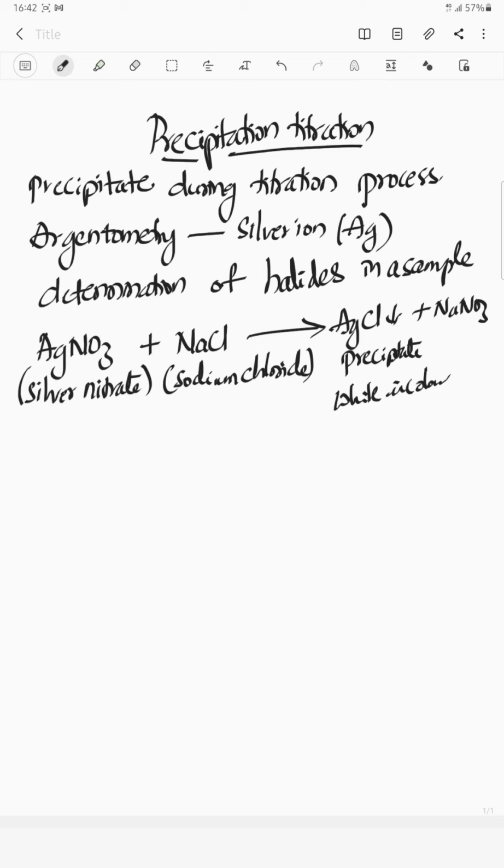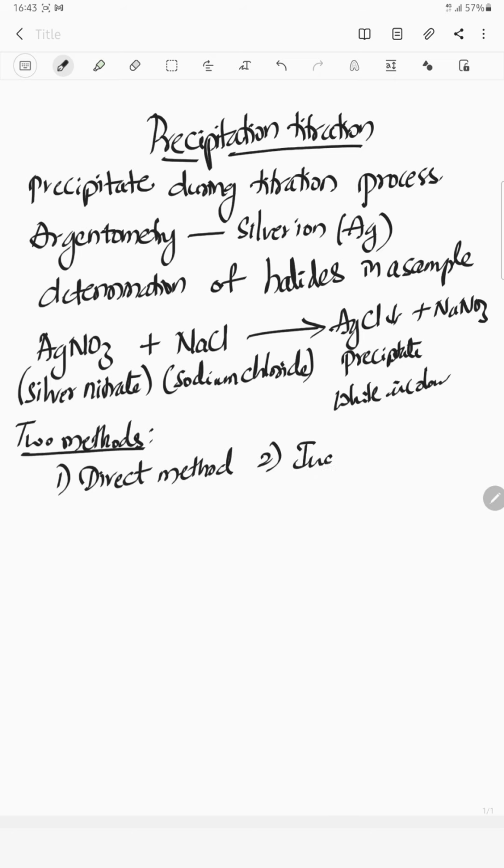Precipitation titration is carried out in two methods. First one, direct method, and the second one, indirect method.